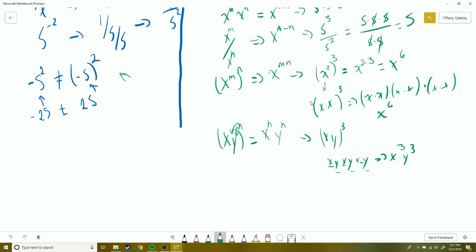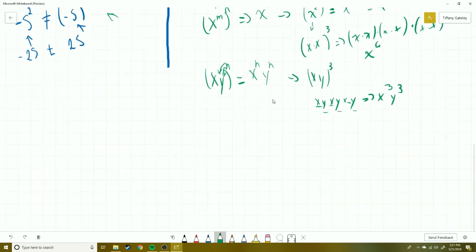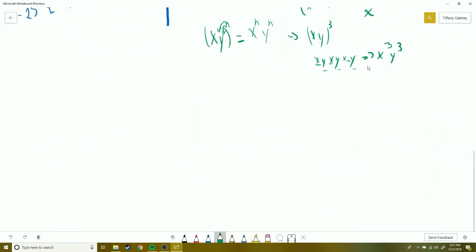And then we have, scroll down more, there's lots of laws. x divided by y, to the n, and this is the same principle going on that we just talked about. You'll have x to the n over y to the n.